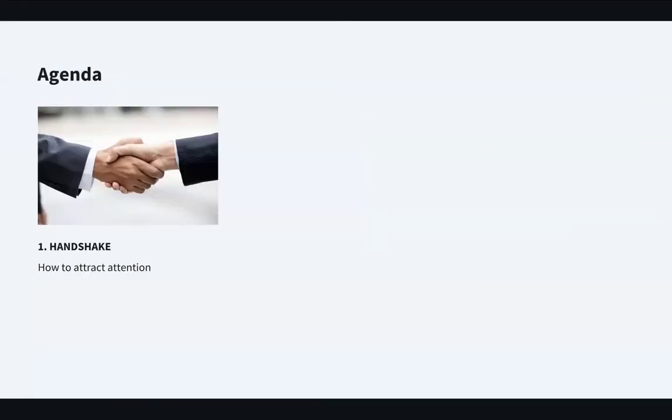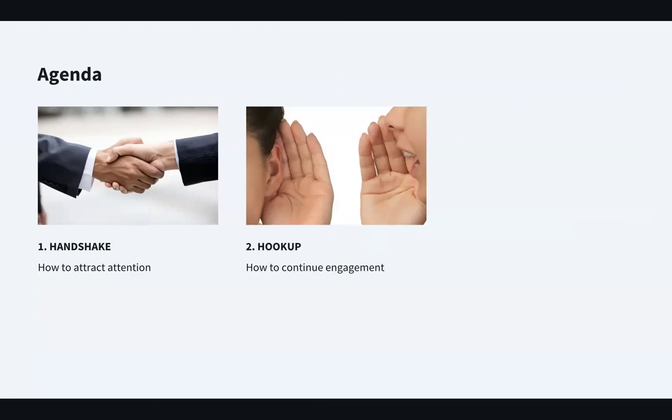So agenda for today, those who attend my webinars a bit more often, they know this. So then I put it typically in 3 pieces. And quite often I found the same first letter. And this time it was actually John to bring me on the idea. So we start in the first part talking about the handshake, how to attract attention, to then move into the hookup.